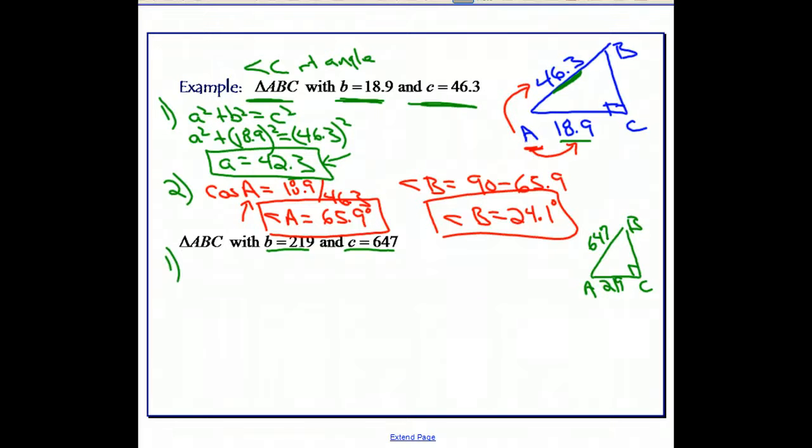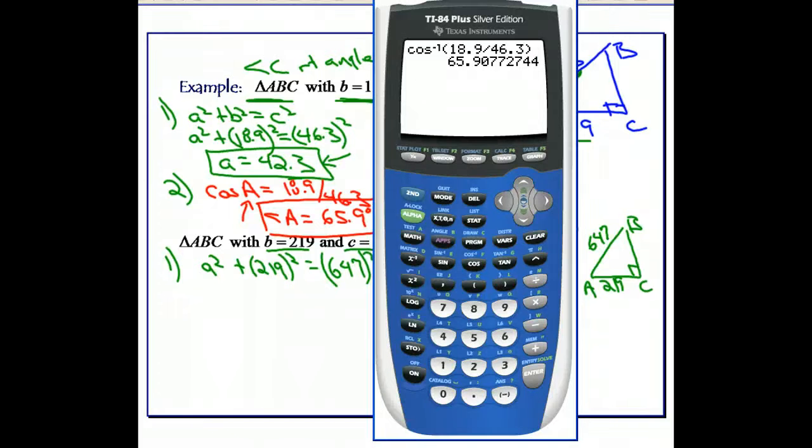All right, let's get side A. Let's go Pythagorean theorem. So I've got A squared, I've got my 219 squared, and that's going to equal 647 squared. All right, Pythagorean theorem. Let's use a calculator for that. We'll go 647 squared.